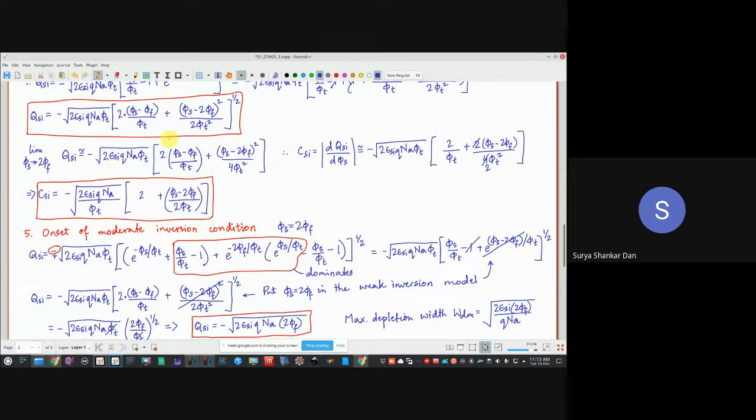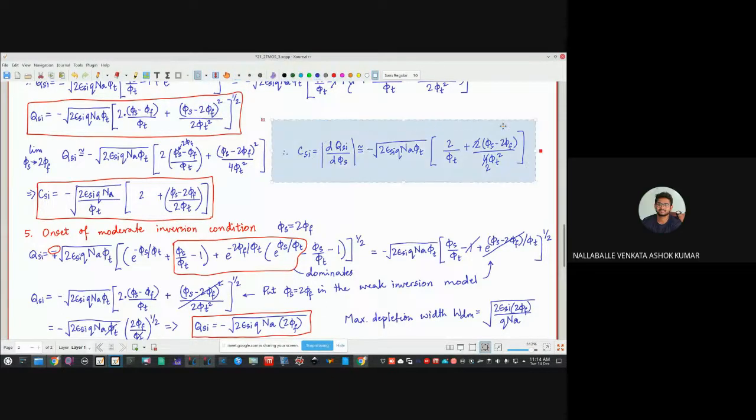You are replacing phi s by 2 phi f, right? So what happens here? After differentiation, if we substitute 2 phi f, this will go. This will not even be there. Yes, sir.